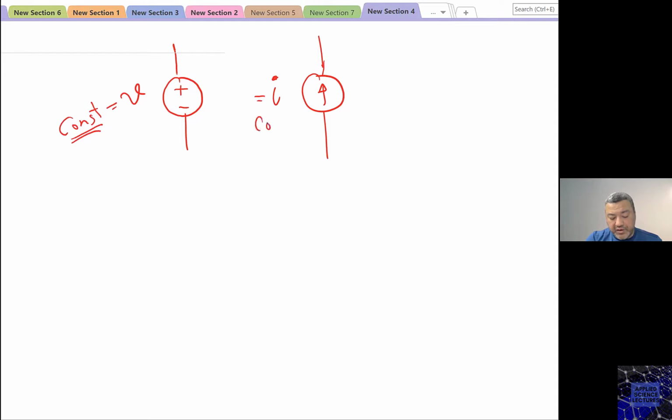Here, this one is constant. The current here can take any value. The voltage here can take any value. The dependent sources are not circular in shape. This is extremely important, and I want you to pay attention to this. They are diamond in shape. So I have 4 of them.